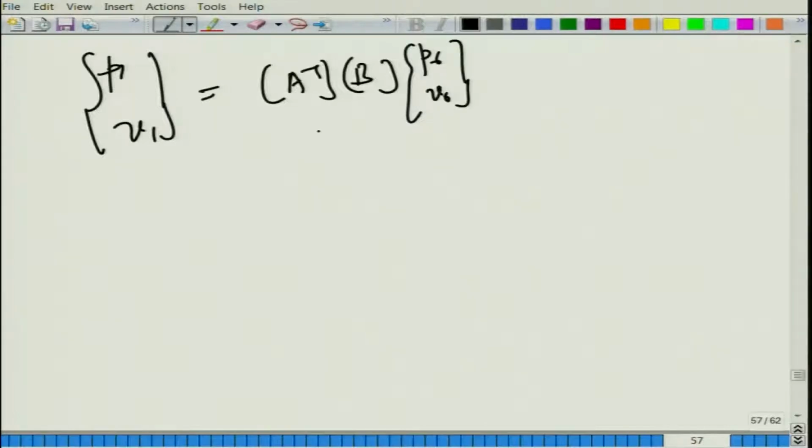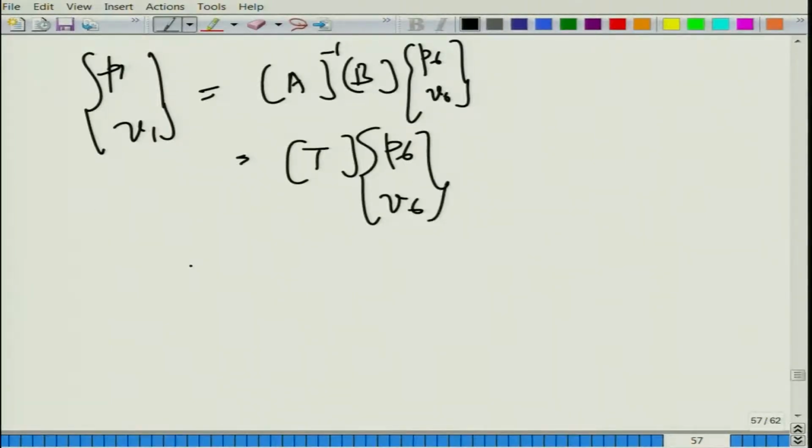So, I am calling this guy as T matrix times this thing. So, this is the upstream relation between upstream and downstream variables after a lot of algebra. This can be verified from the book on ducts and mufflers by Munjal, and also previous papers by Selamet and others where it was first discussed.